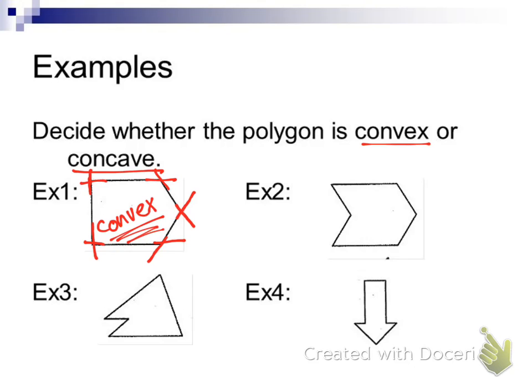What about number 2? Look, if I extend these sides, they're going into the figure. So this one is concave. Good. It would cave in on itself. Concave. What about number 3? Those are going in. This one's also concave.